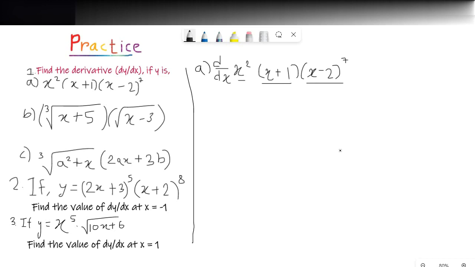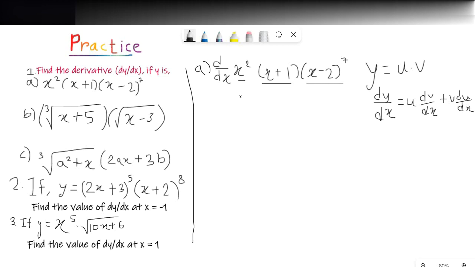So for these kinds of questions, you have to ensure that your function is in the form of y equals u multiplied by v, where dy by dx will be equal to u multiplied by dv by dx plus v multiplied by the derivative of u, or du by dx.